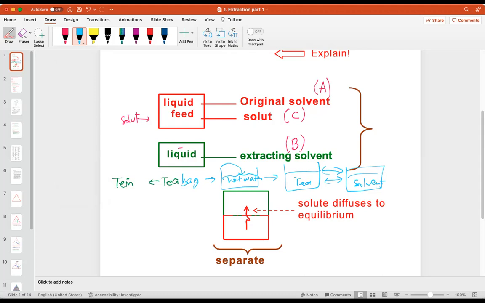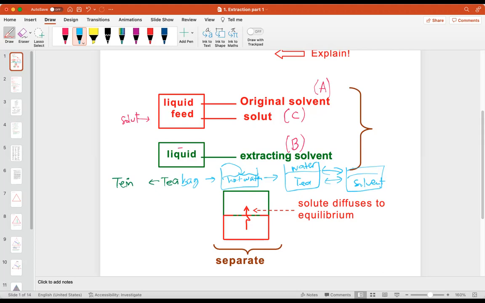Based on the properties of the substance, the solute in the water is more attached to the extraction solvent. Maybe it is non-polar, so it attaches to the organic solvent.